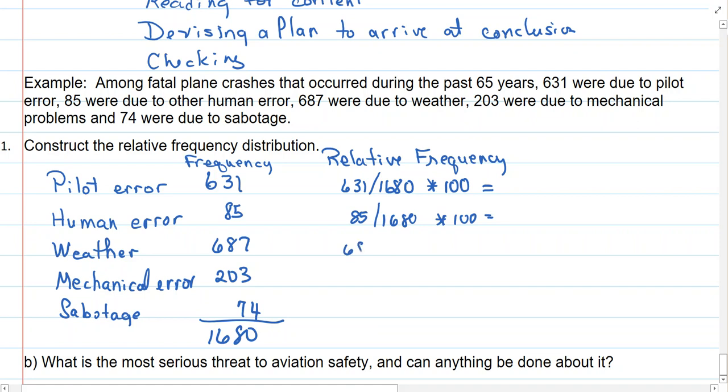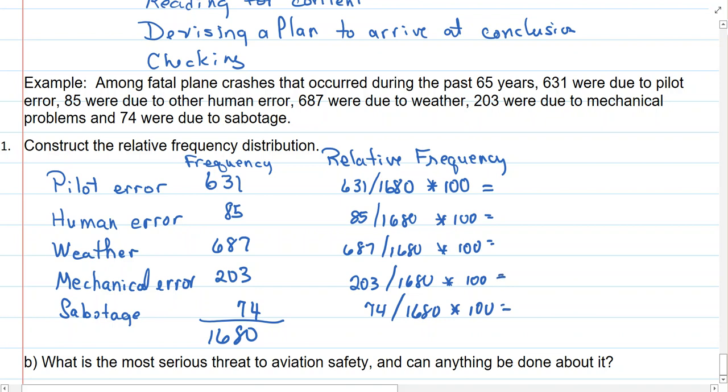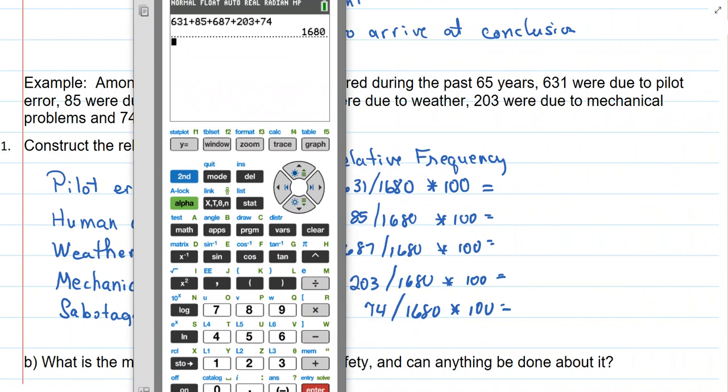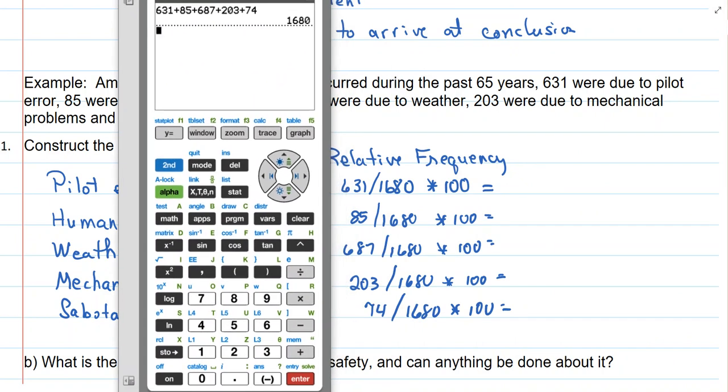The 687 divided by the 1680 times that 100, because we want relative frequency. 203 divided by the 1680 times that 100. And the 74 divided by the 1680 times that 100. All right, so now we're going to do our math.